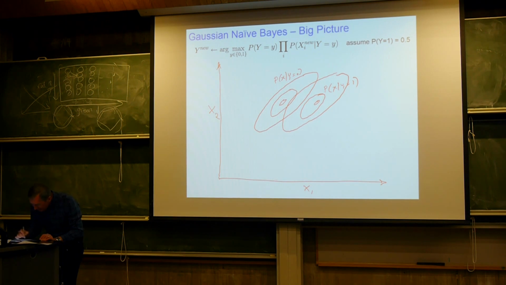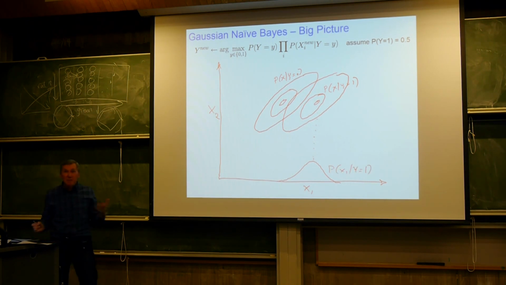Then I guess p of x1 given y equals 1 will look something like this. Right, it's going to peak here. So this could be my p of x1 given y equals 1. And my p of x1 given y equals 0 will be slightly to the left. So it might look like this. Again, artist's conception.